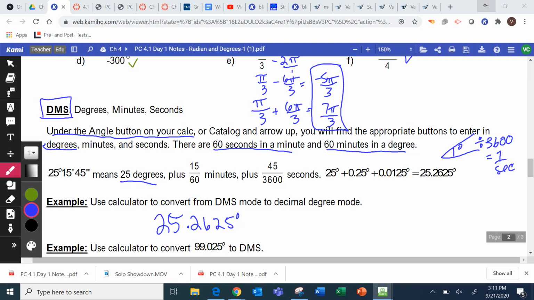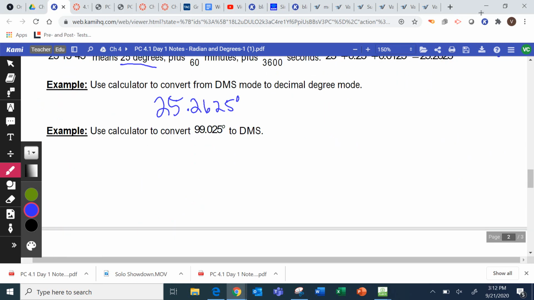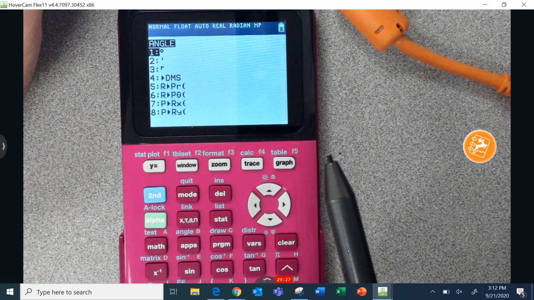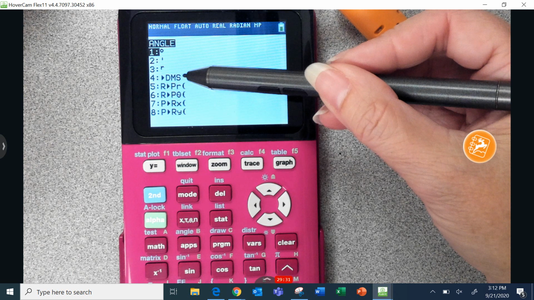Another question is use the calculator to convert 99.025 degrees into degrees, minutes, and seconds. So we're taking decimal form and we're changing the button again, so second, apps, and you can see choice 4 is turn it into DMS.